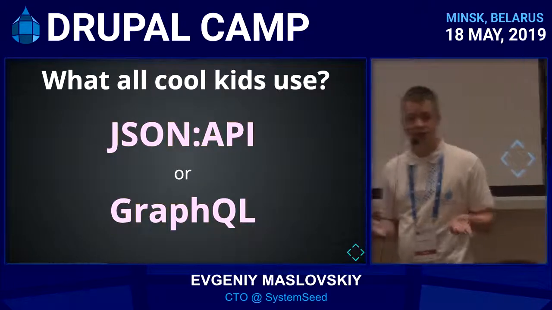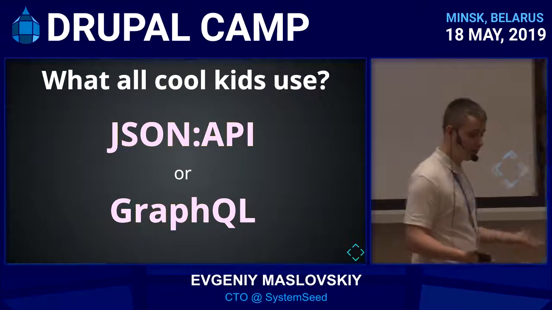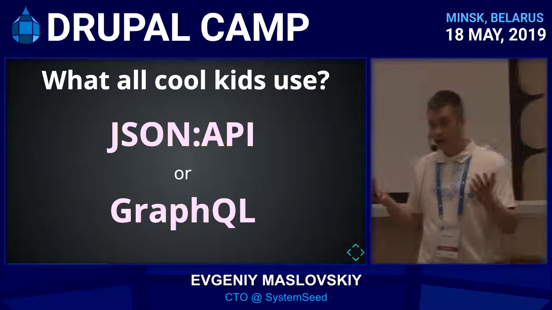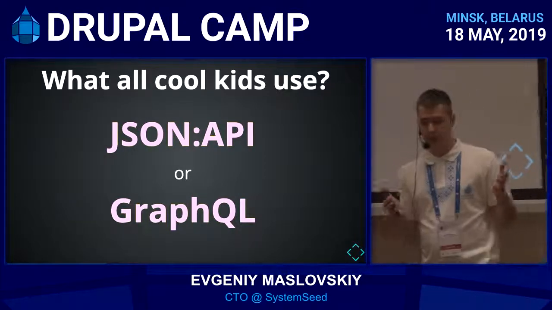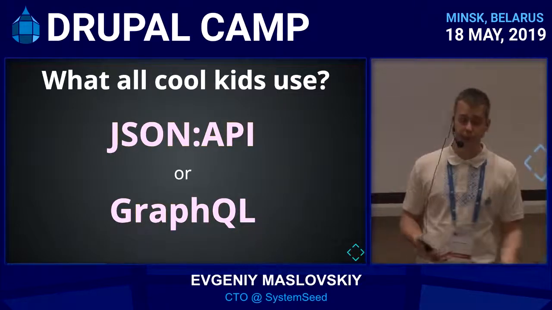What do all cool kids use these days for decoupled? JSON API, GraphQL, which is a good way to build your API-first systems by default, because it gives you tools straight away.